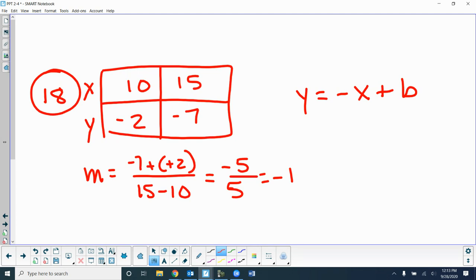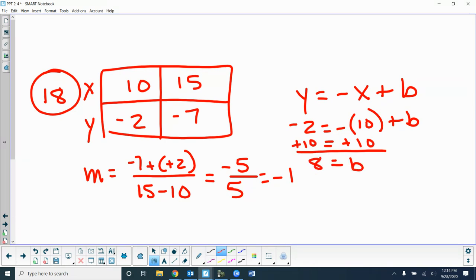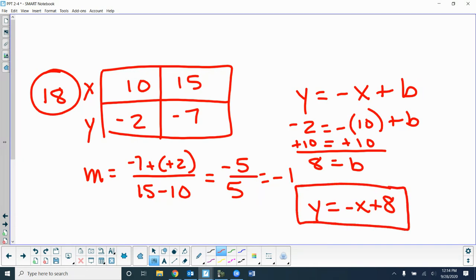So we'll put negative 2 in for the y, and 10 in for the x. So I'm just going to add 10 to get b by itself then. So we get 8 is b. So it's y equals negative x plus 8. Alright.